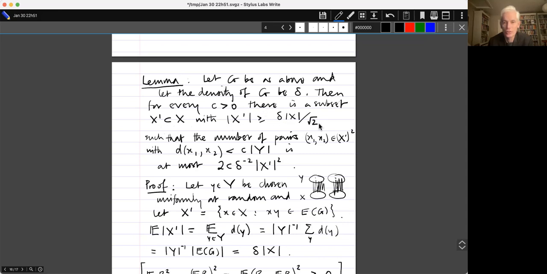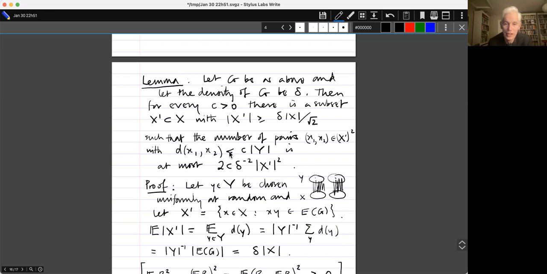When I say it's reasonably dense, this is an estimate for its density: at least delta x divided by the square root of 2. And the number of pairs that fail to have a lot of paths, so that this, if you recall, was the co-degree of x1 and x2, which is the same as the number of common neighbours of x1 and x2, which is the same as the number of paths of length 2 from x1 to x2.